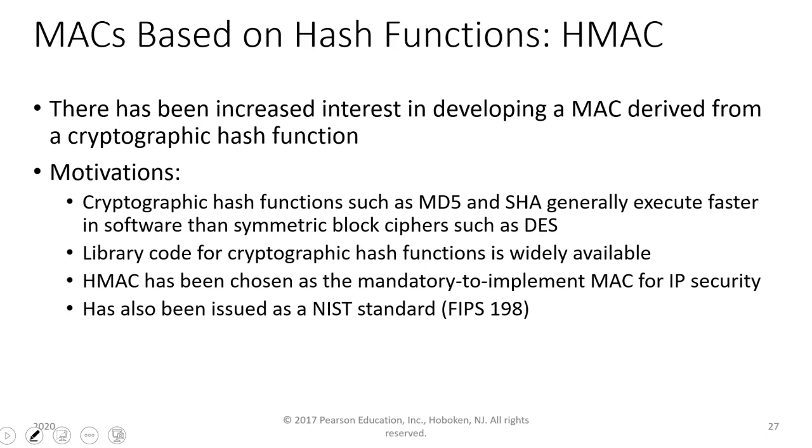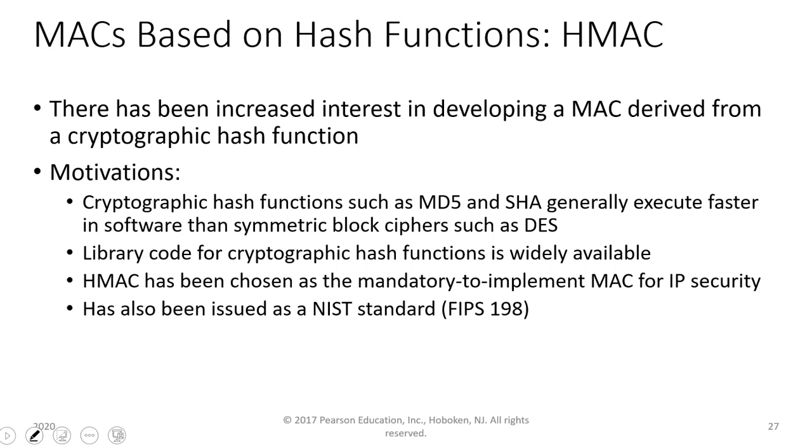So one of the common approaches, or sort of increasingly there's a common interest, is using cryptographic hash functions as part of message authentication codes, or using a combination of cryptographic hash functions as part of our message authentication codes.